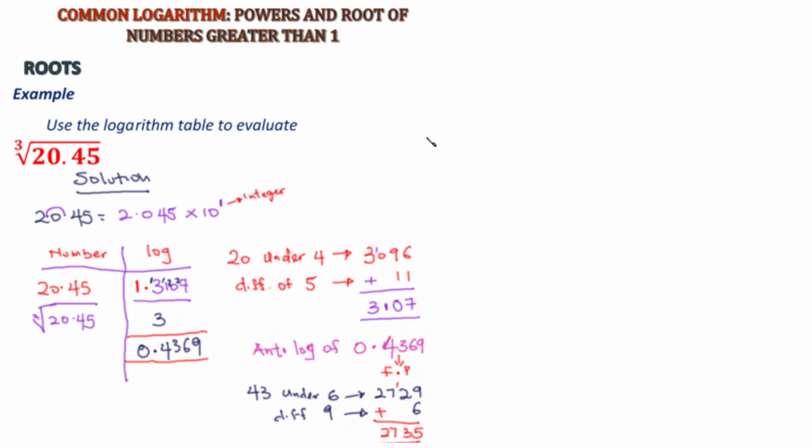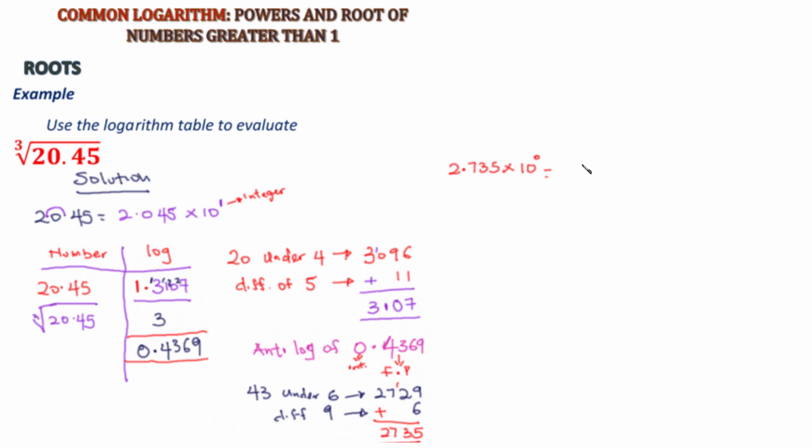Now for antilog, I told us that the value we have is point in front of the first digit, 2.735 times 10 raised to power the integer we left behind, that's 0. This is the integer, 0. Times 10 raised to power 0. Then what will be our value?